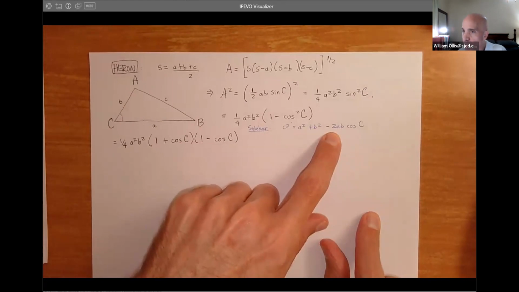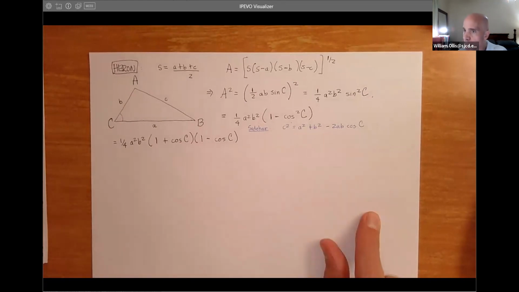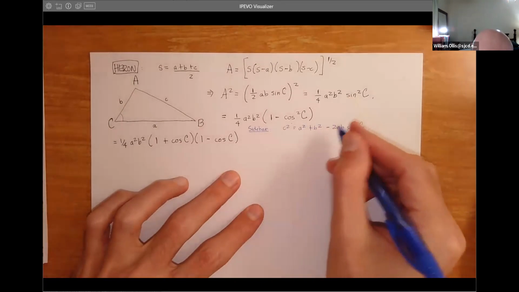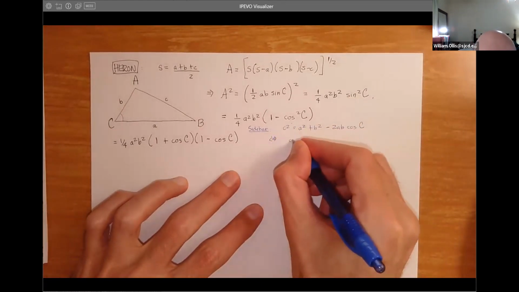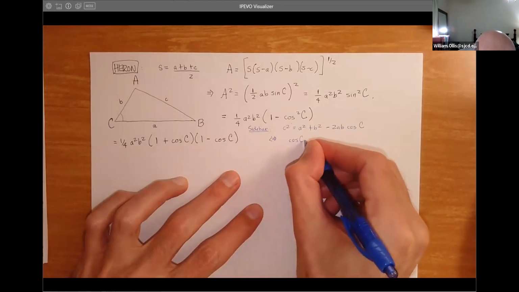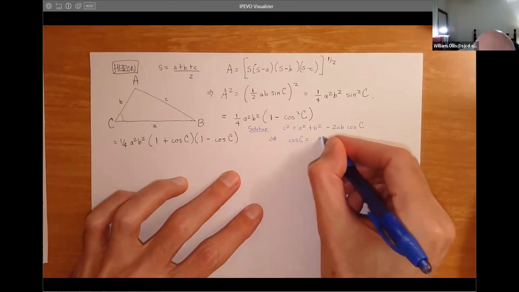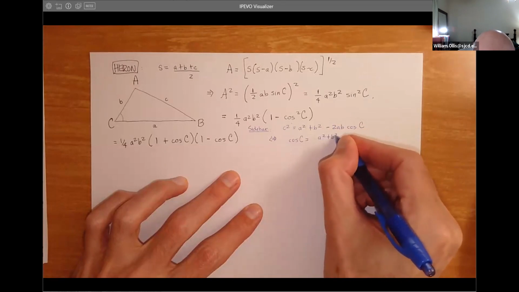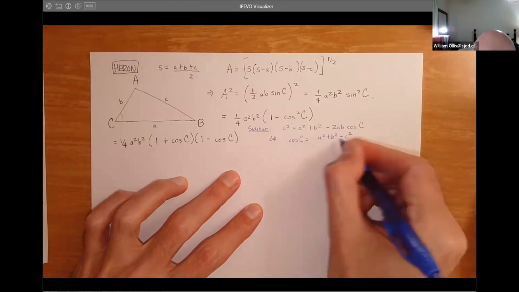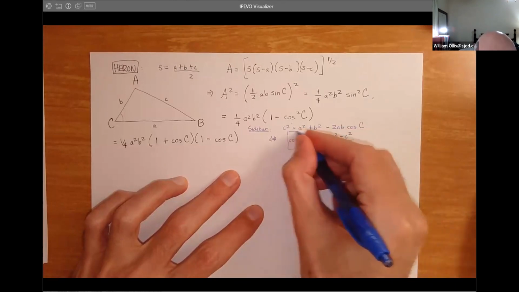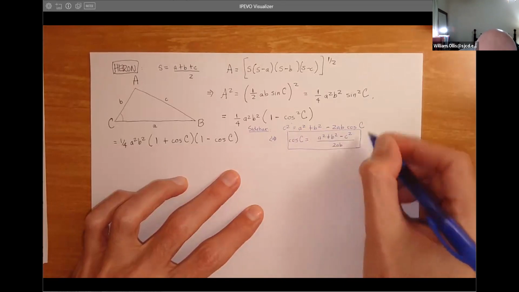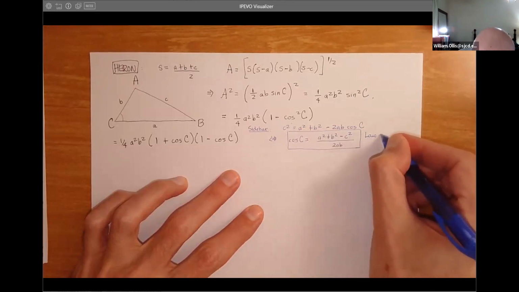That's exactly what we're going to do now. So I prepared you for this at our last lecture. So if and only if cosine C equals a squared plus b squared minus c squared divided by 2ab. Right there. Boom. You've already seen this in use. So this is the law of cosines.